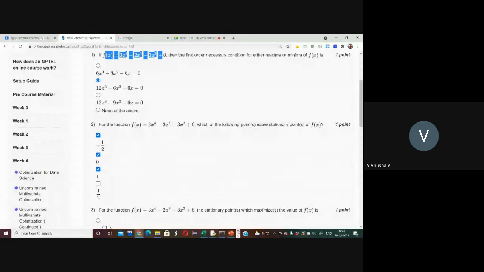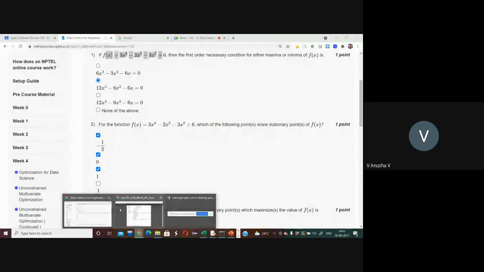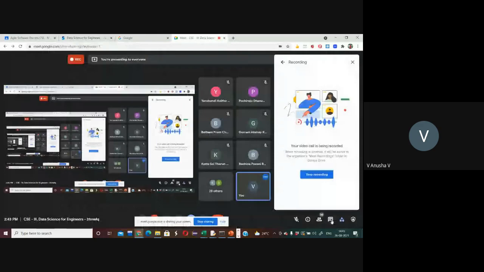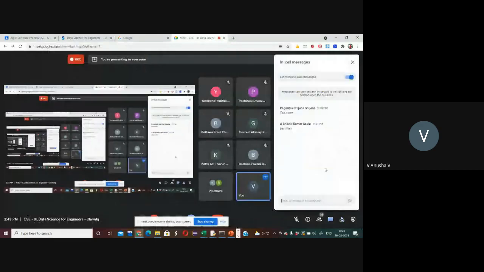Till here, is it clear? Any doubts? Till here you understood, guys, how to find the derivative and what are the stationary points? Please respond. Yes, ma'am. Okay. Yes, ma'am.